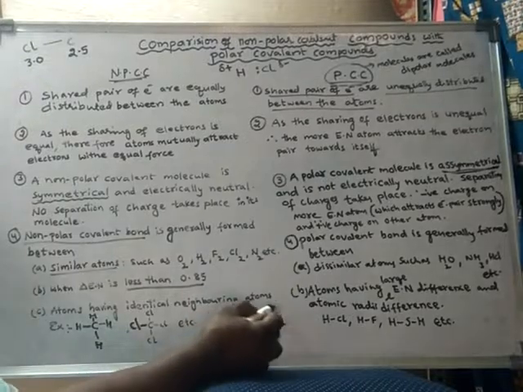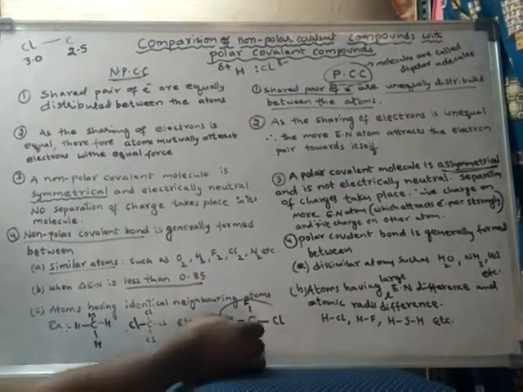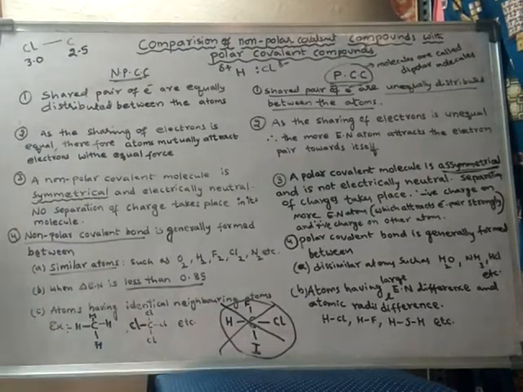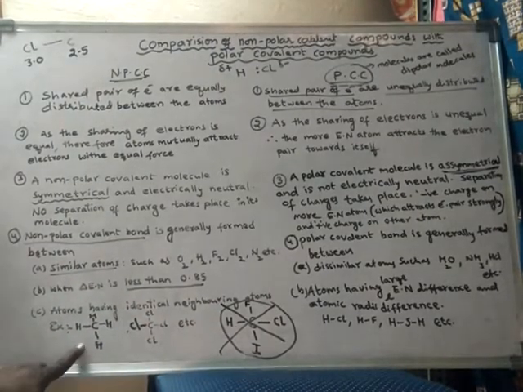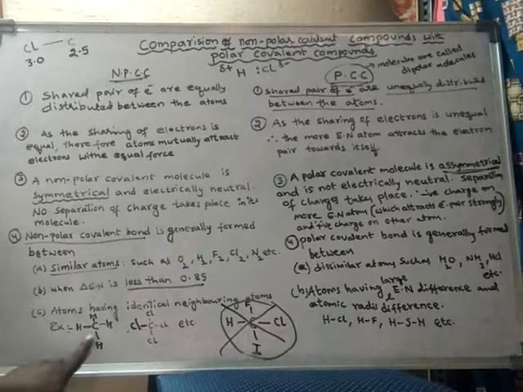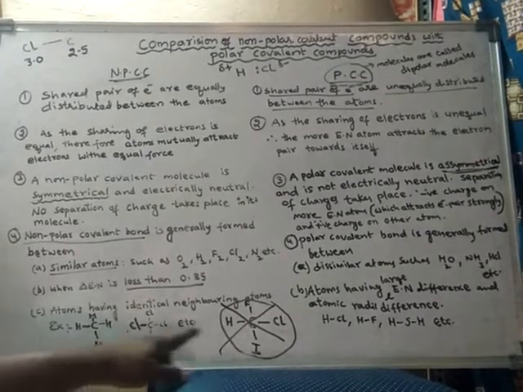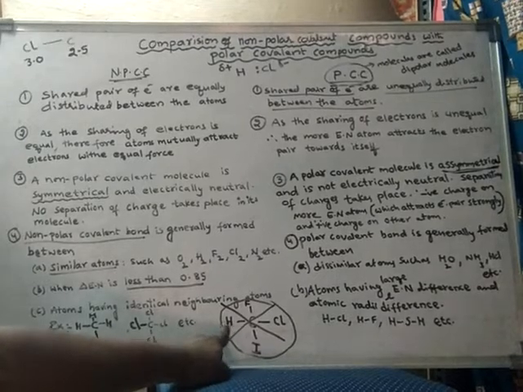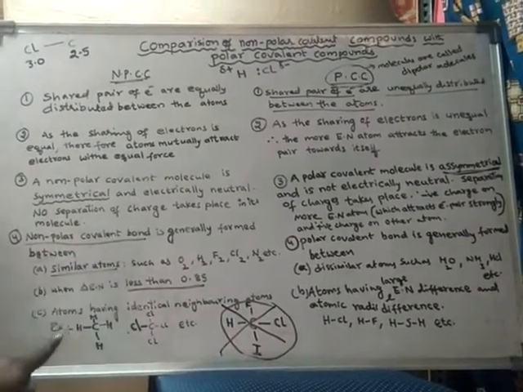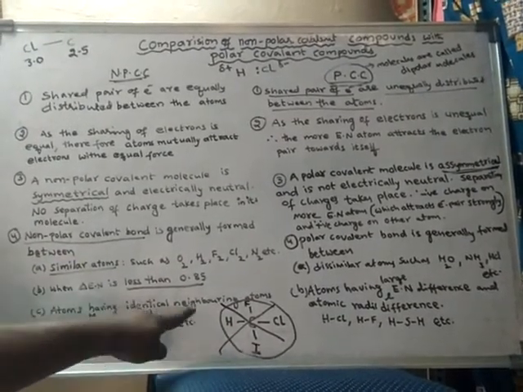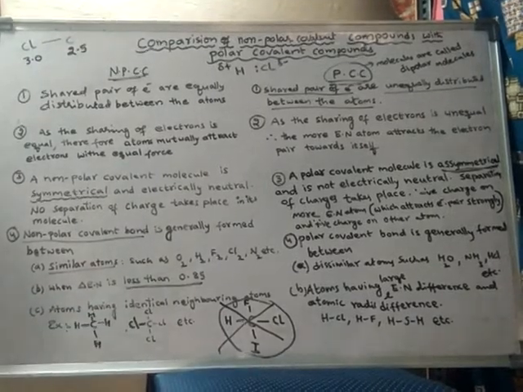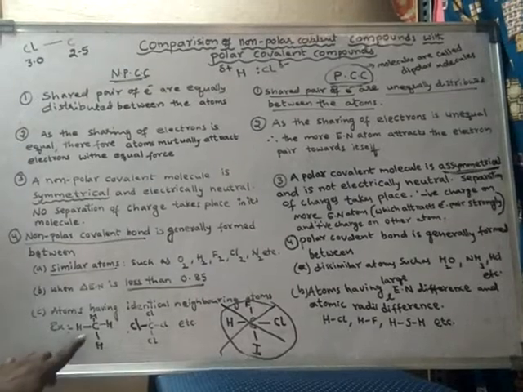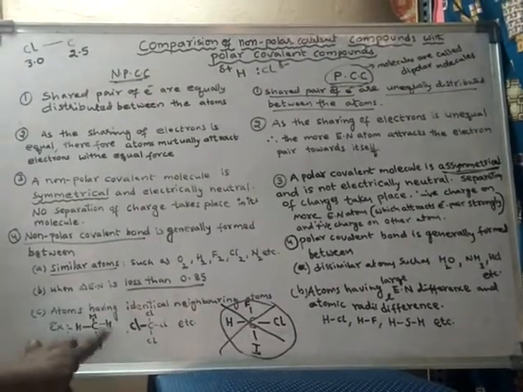So this cannot be the bonds in this molecule. It is not a non-polar covalent bond, whereas here it is a non-polar covalent bond. It is also a non-polar covalent bond, but here it is not. For a non-polar covalent bond, atoms should have identical neighboring atoms.